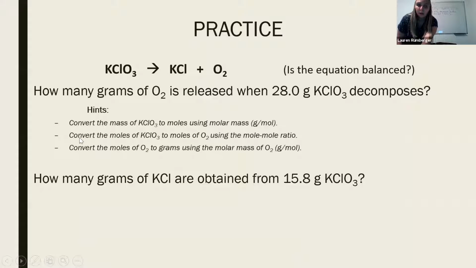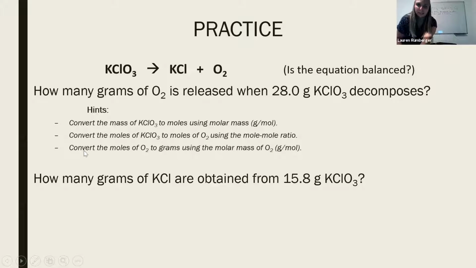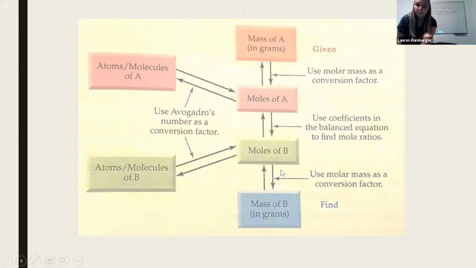Then from moles of the KClO3, we're going to convert it to moles of oxygen using the mole to mole ratio. The mole to mole ratio is identified by the coefficients. Then the last step is to convert the moles of oxygen to grams using the molar mass of oxygen. So moles to mass using molar mass.